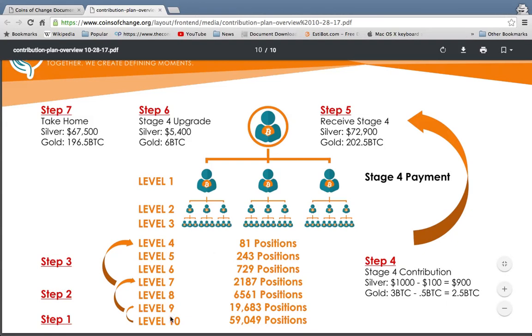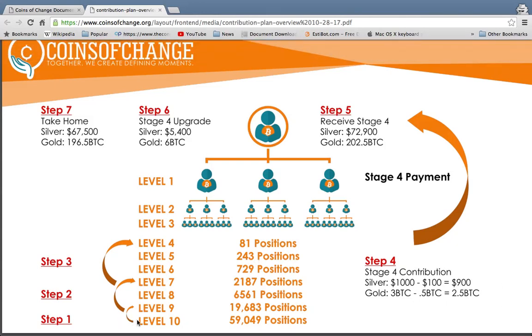This is their level 5. This is the level that's upgrading to their level 5 when they make those level 5 upgrades. Now watch this. Level 10 is going to make a stage 1 contribution to level 9.